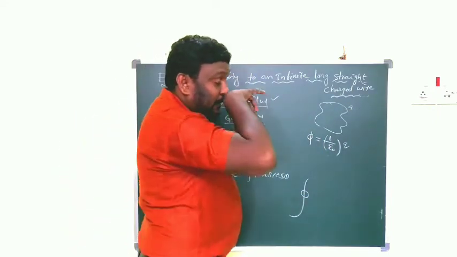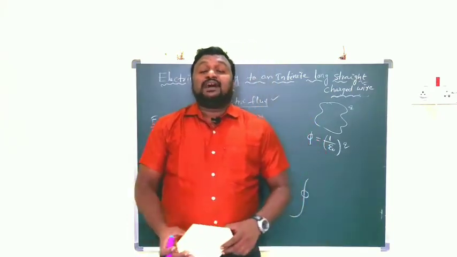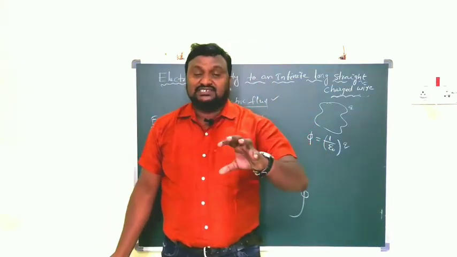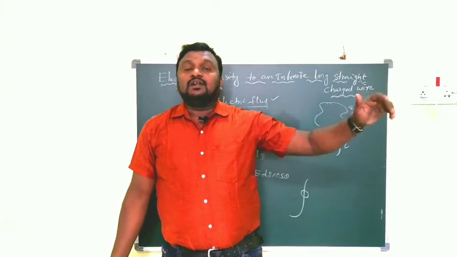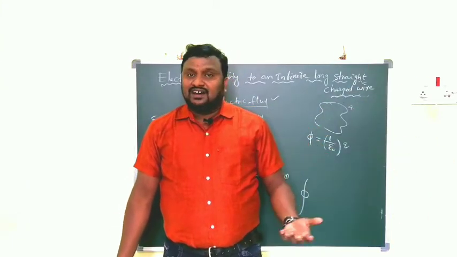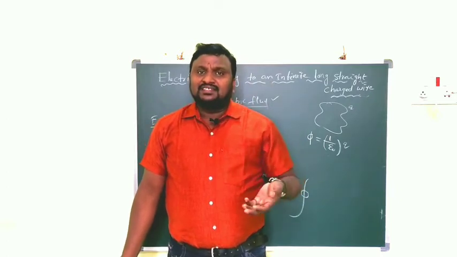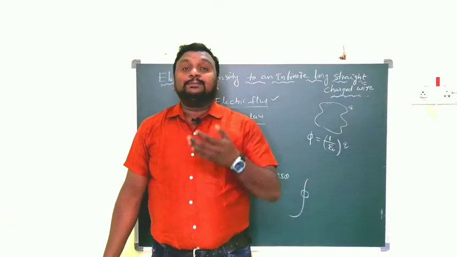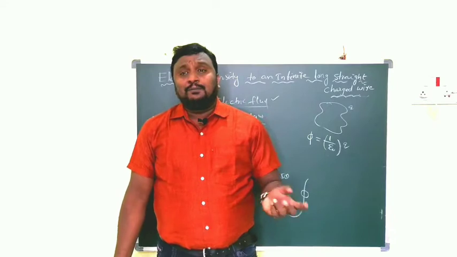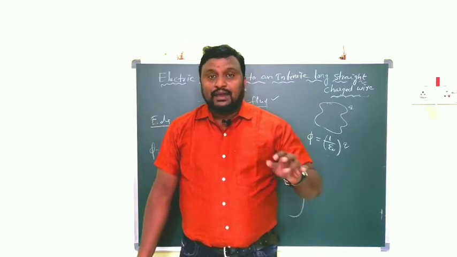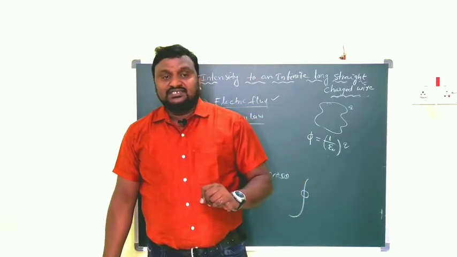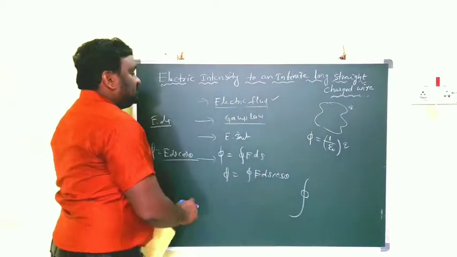You can say the flux is the net charge of a closed surface divided by epsilon naught. What is epsilon naught? Permittivity in free space. So that is the second thing.